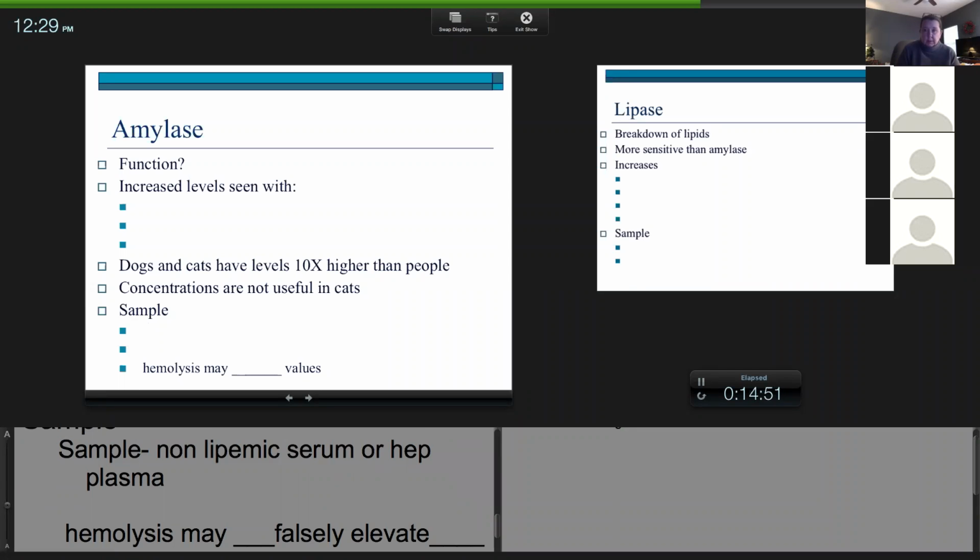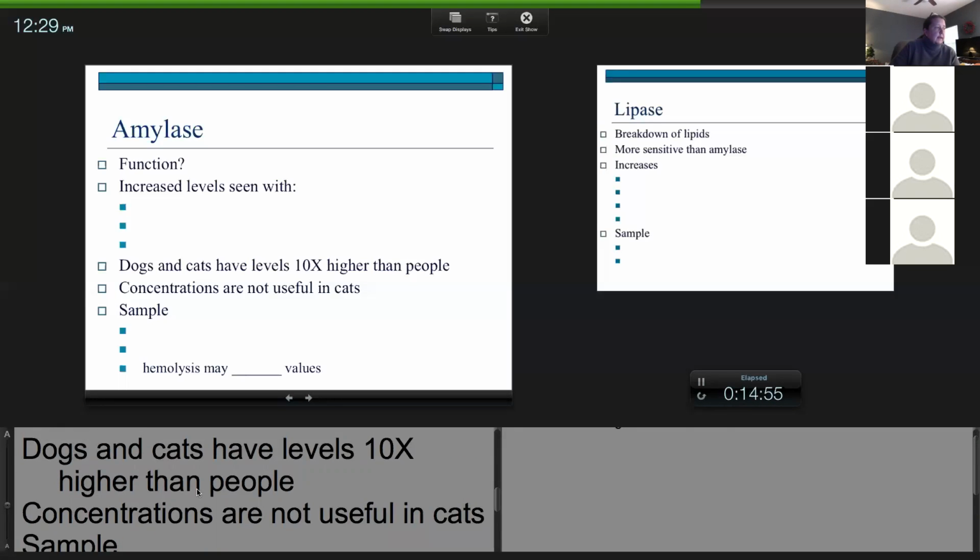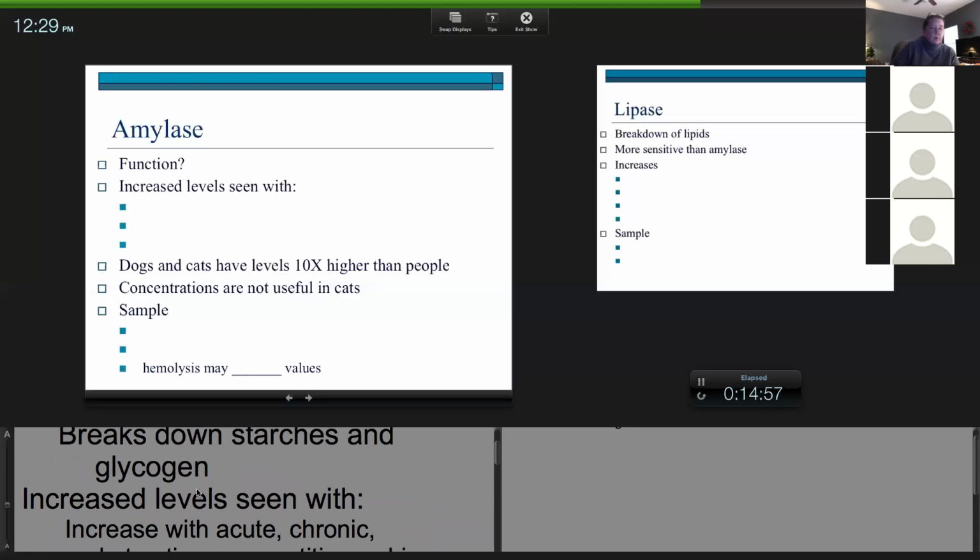But serum, it breaks down starches and glycogen. I don't know if you can see this on the bottom of the slide, Rachel, but it's got some of the answers under here, but glycogen. Remember, extra glucose is stored as glycogen. So if glycogen is released, it will be broken down by amylase.